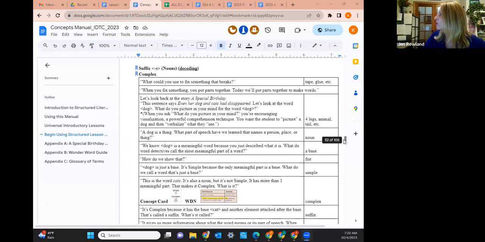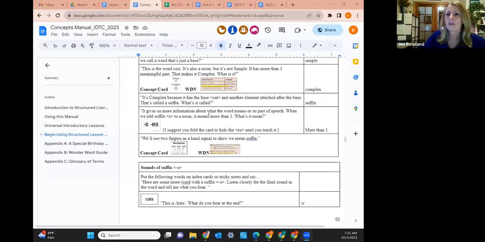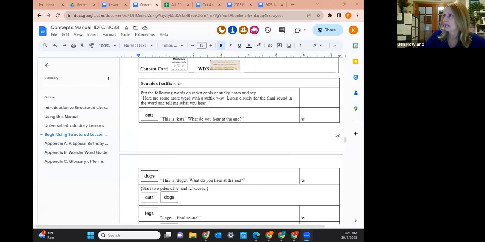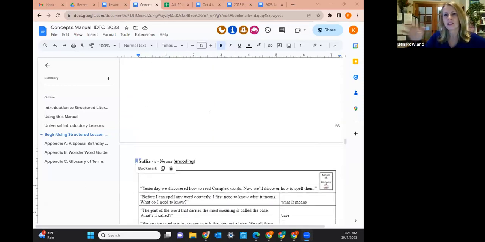Okay, page 52 in your concepts manual. That's when you introduce suffix S as a noun and complex words for decoding, which will be one day, we'll say Tuesday. Okay. So then you go through all of that Kara just went through, and you introduce the different concept cards and the two sounds that S can make. And then that new concept is finished and you complete Tuesday's lesson, for example.